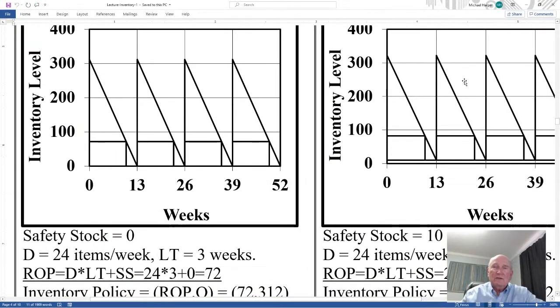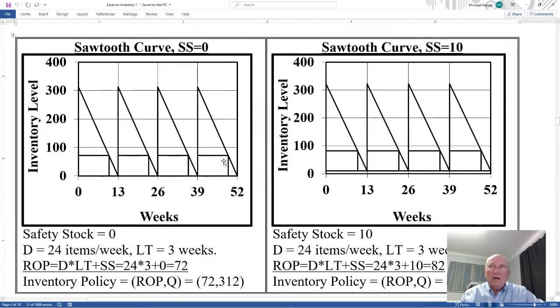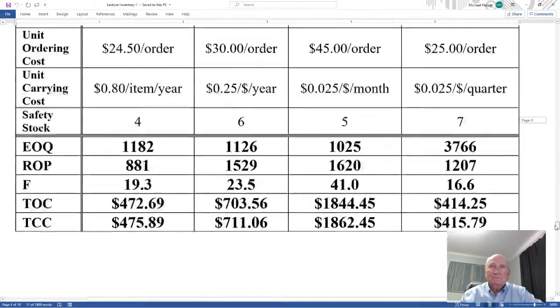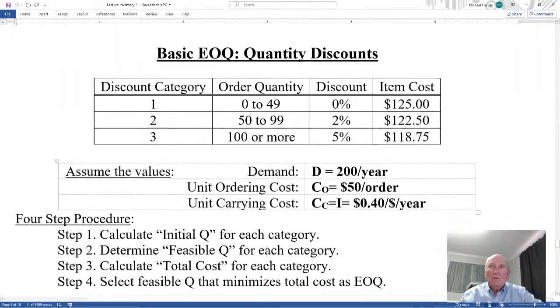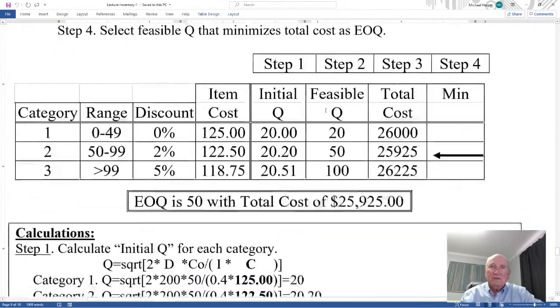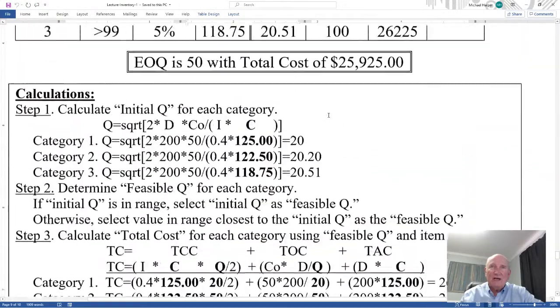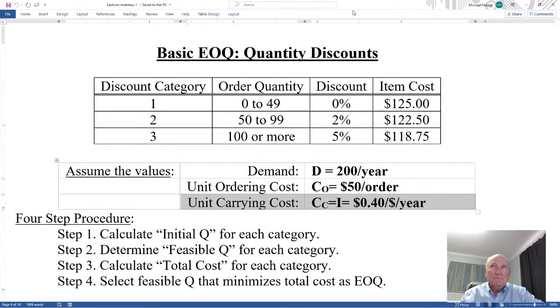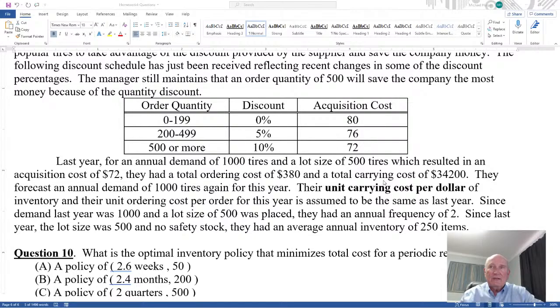Remember, in the lecture, when I came down to quantity discount, the carrying cost was cost per dollar per year. So this is on page 5-9 in the lecture notes, and this is what we'll be using. And so the carrying cost per dollar is the same last year as this year.